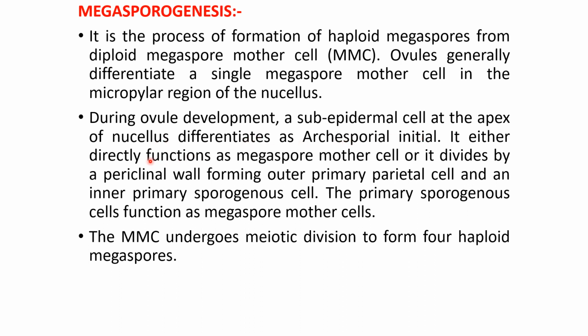It either directly functions as the megaspore mother cell, or it divides by a periclinal wall forming an outer primary parietal cell and an inner primary sporogenous cell. This primary sporogenous cell functions as the megaspore mother cell. The megaspore mother cell undergoes meiosis to form 4 haploid megaspores.